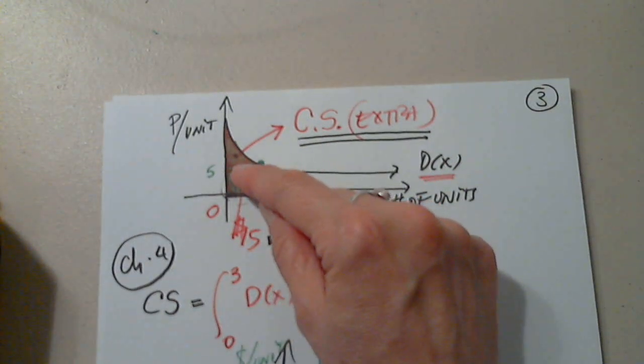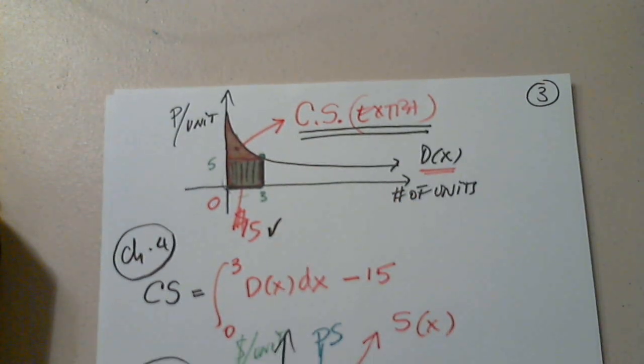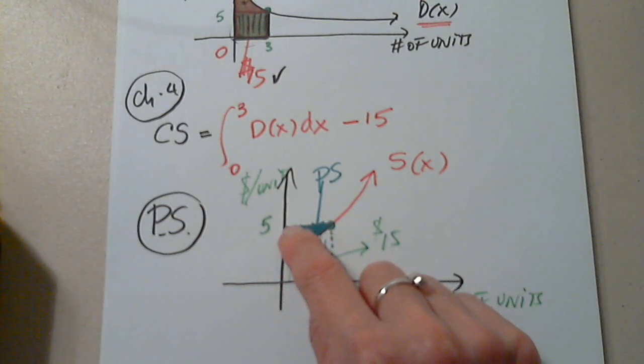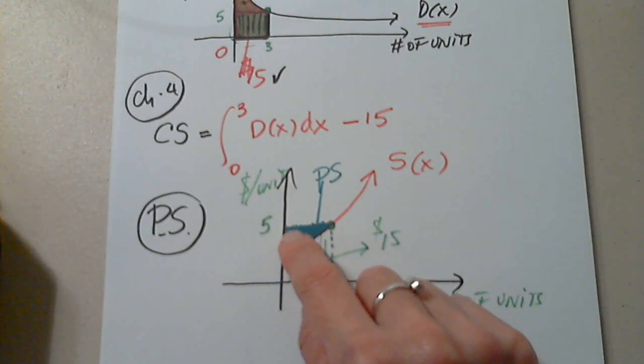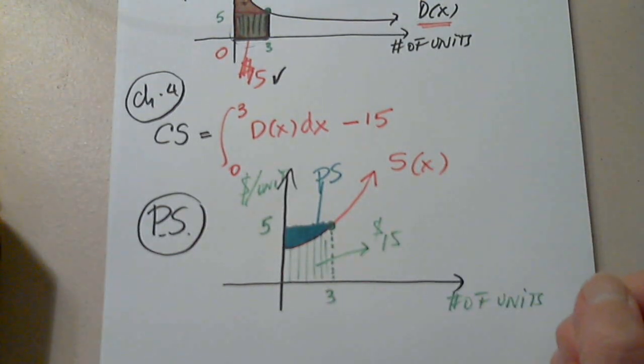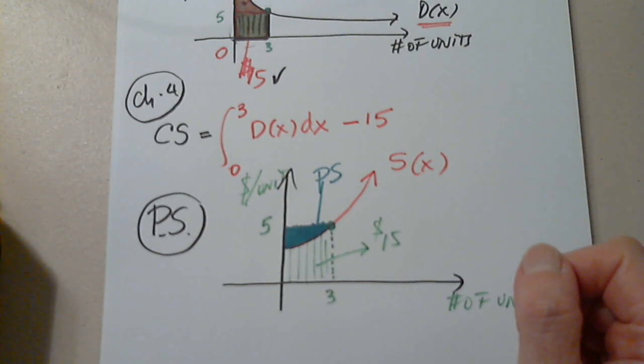So here, for the consumer surplus, we are getting a little bit more than we are paying for. But when it comes to the producer surplus, they also get their little piece that we are paying for, but we are not really getting anything in return.